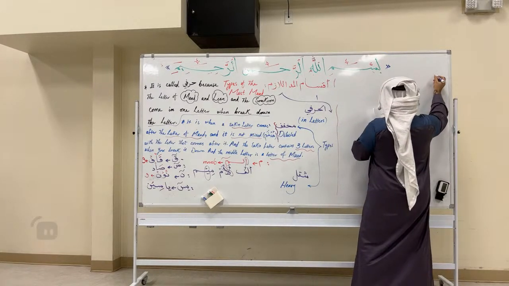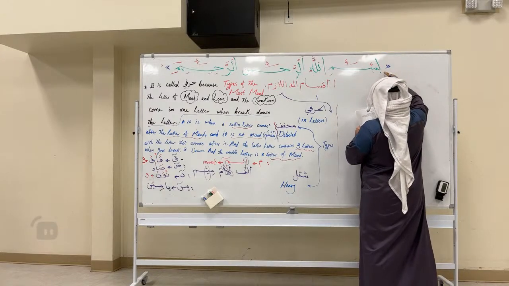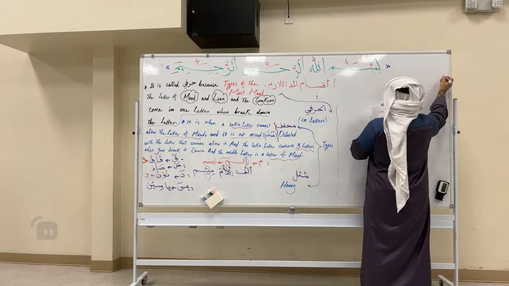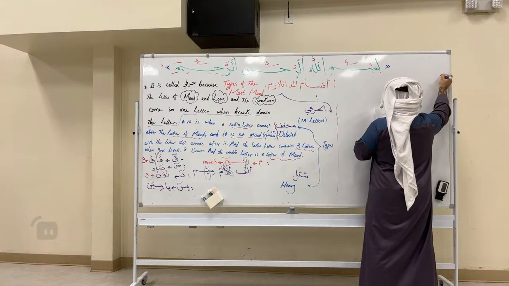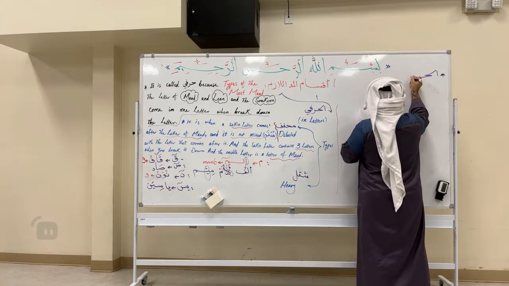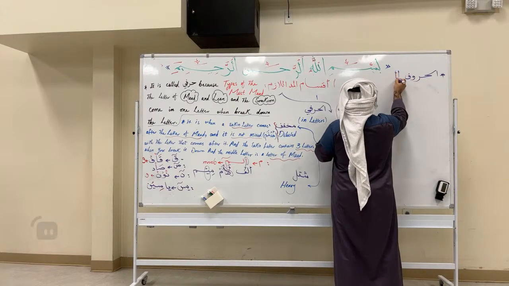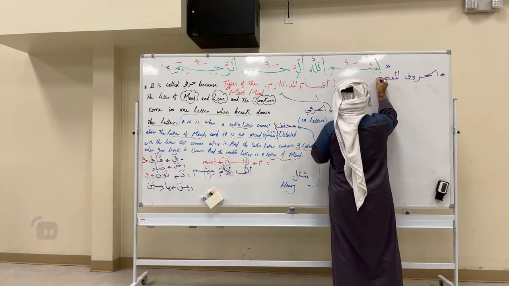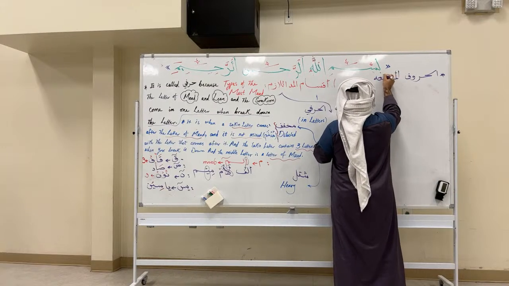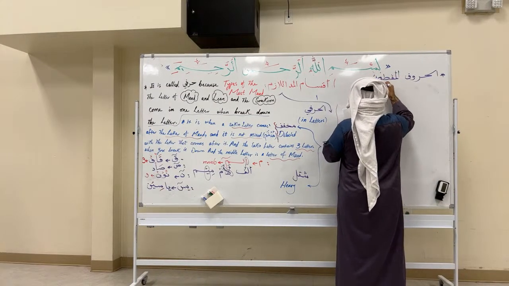So I'm going to give you all the examples of huruf muqatta'a. How do you say that in English? Al-huruf al-muqatta'a. Disconnected. The disconnected letters.